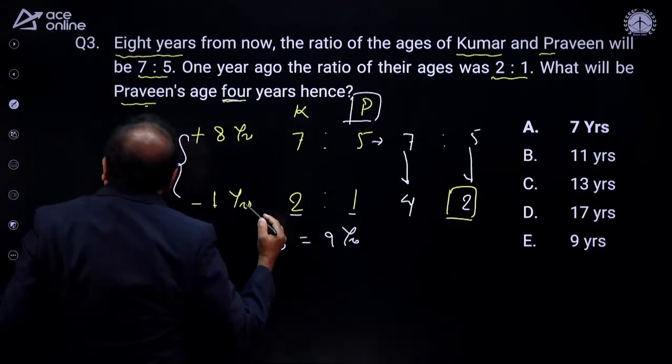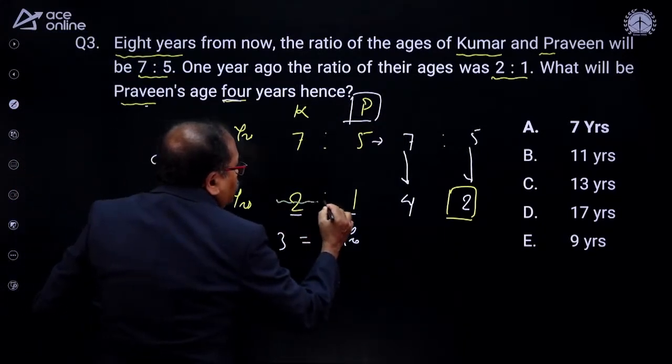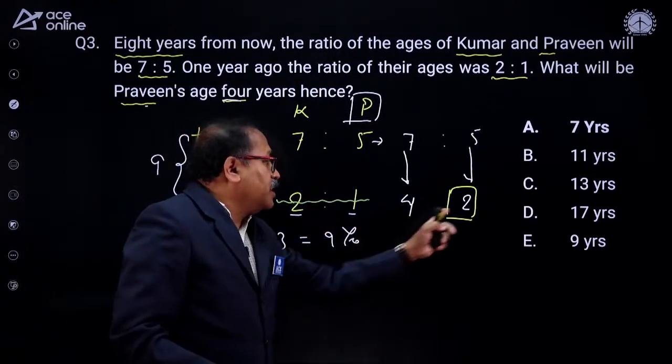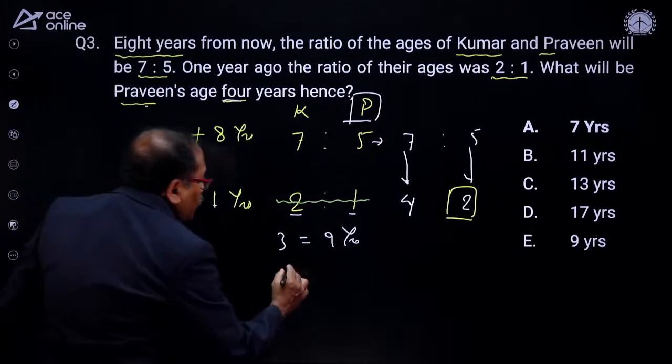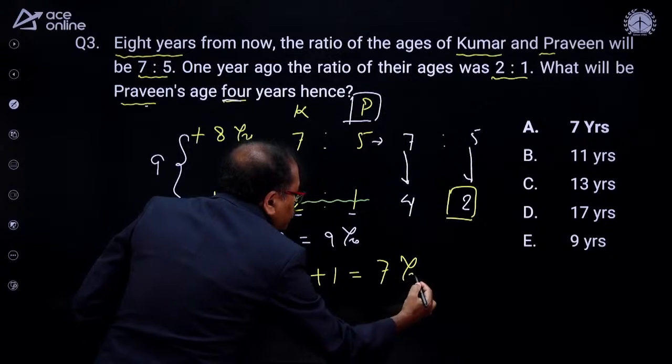I should not consider this one. Once you create the new ratio, you should not consider this part. So 2 parts, when 3 parts is equal to 9, 2 parts is equal to 6. So 1 year ago his age was 6. The present age will be 6 plus 1, 7 years.